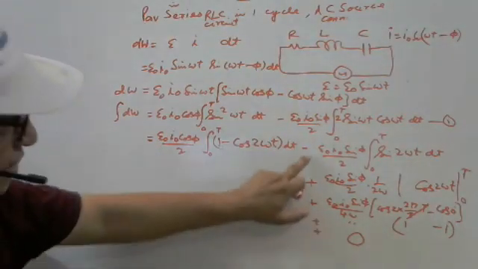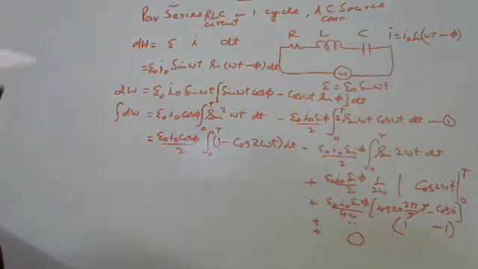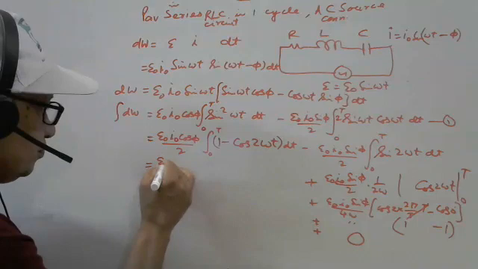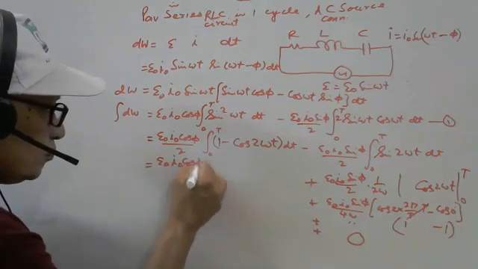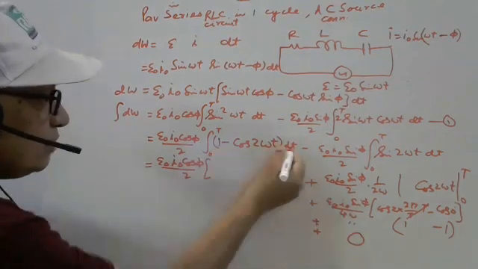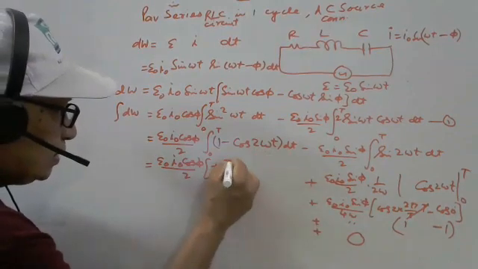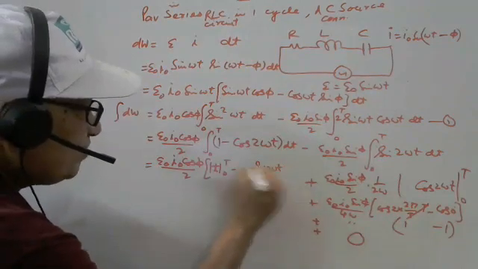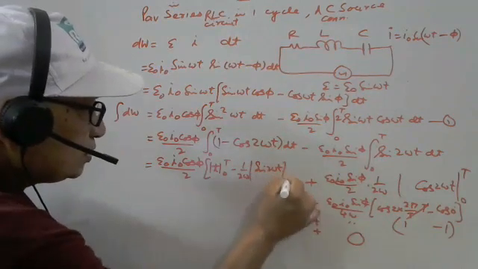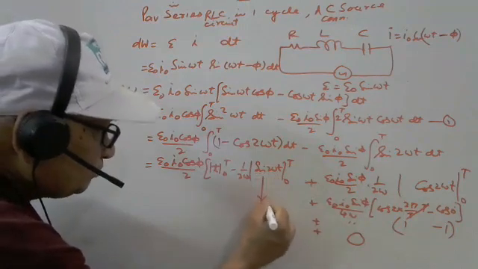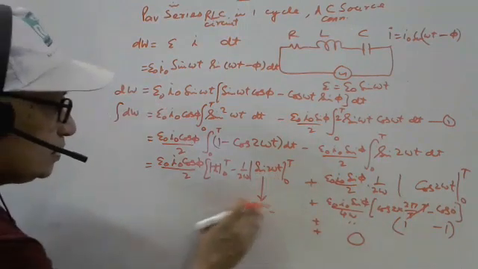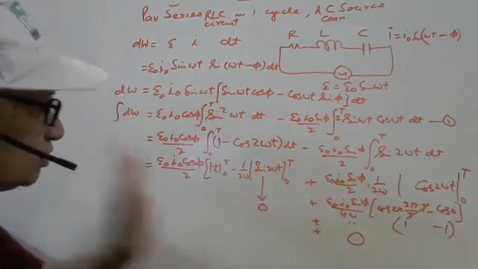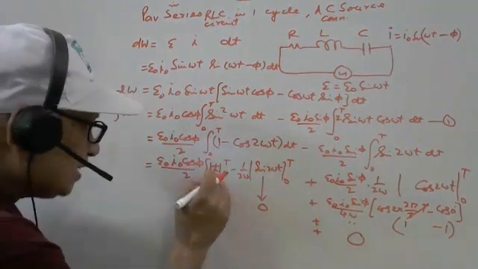And here if we integrate this one, one means dt, so t here 0 to t, and this will be sine 2 omega t by 2 omega, 0 to t. It is also 0, by putting the values here. Sine 4 pi is also 0, sine 0 is also 0, so this part is also 0. Only this part is there.